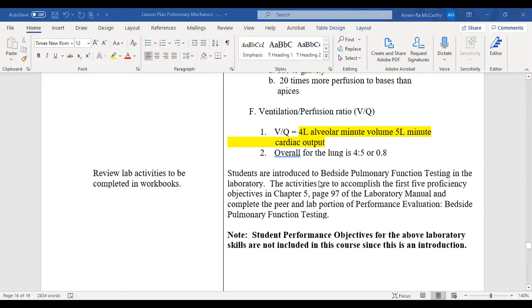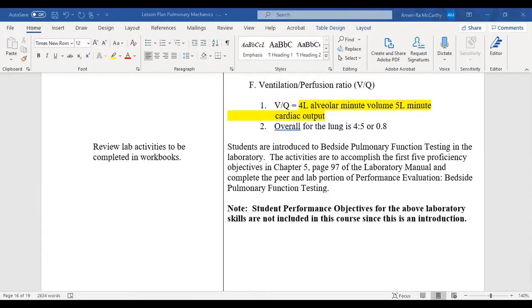Okay? All right. So let me go over to the PowerPoint that shows those alveolar units. I told you to look at that last night. So let's see here.